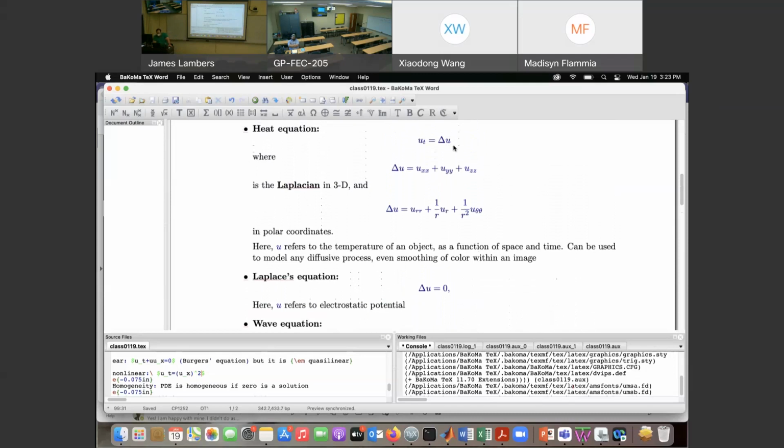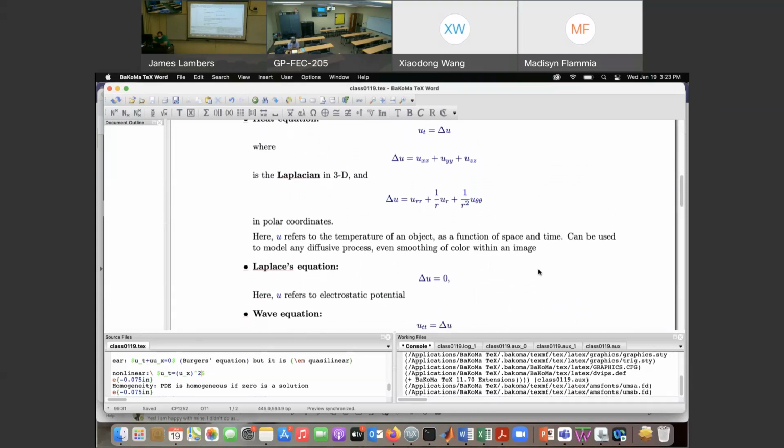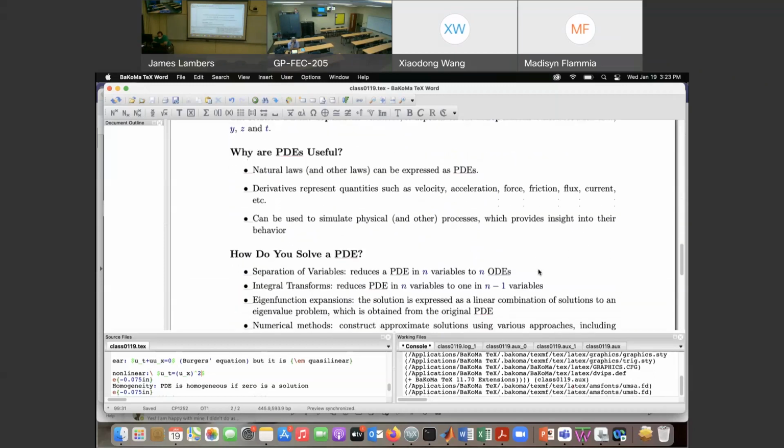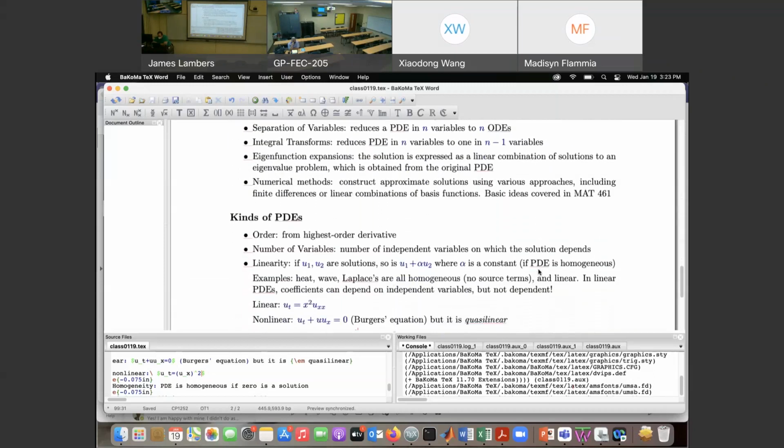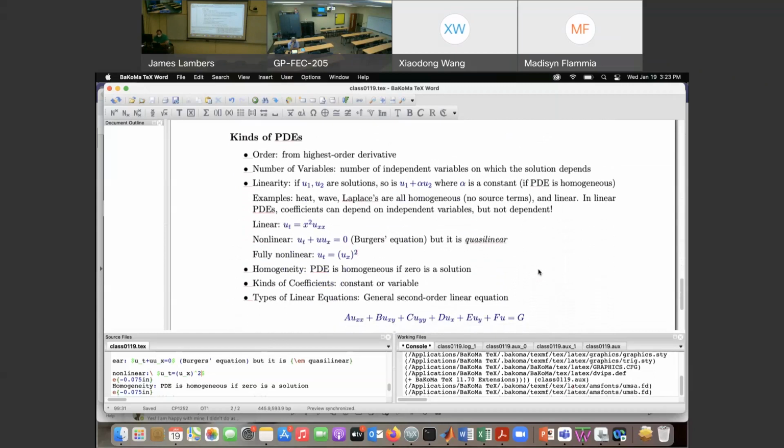But by contrast, suppose I have Laplacian of u equals f, a function f, which is called Poisson's equation, a close relative of Laplace's equation. That equation is not homogeneous because u equals 0 would not satisfy it. Most times we'll have homogeneous PDEs, but occasionally you might deal with some kind of source term, which makes it non-homogeneous.